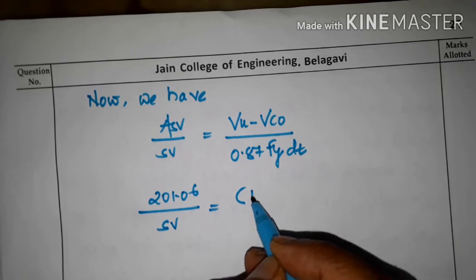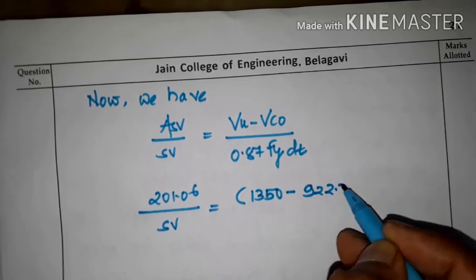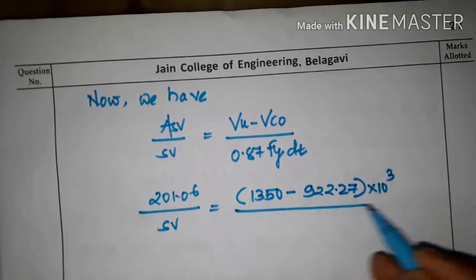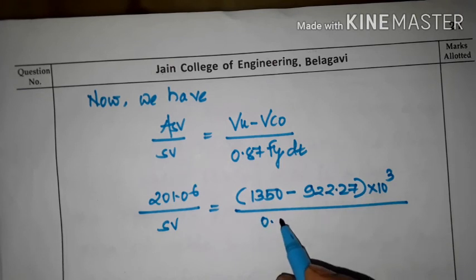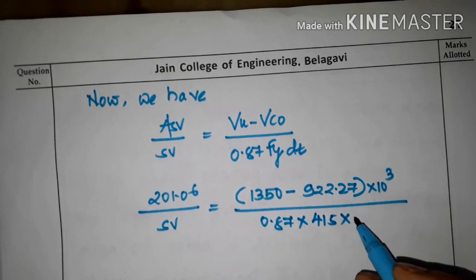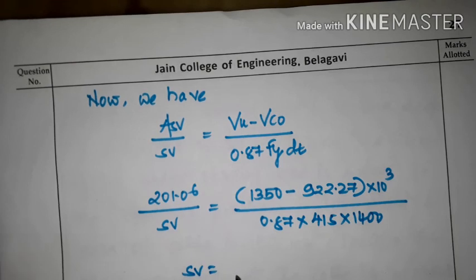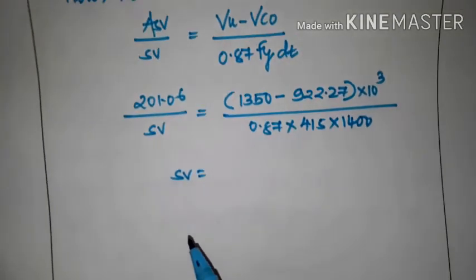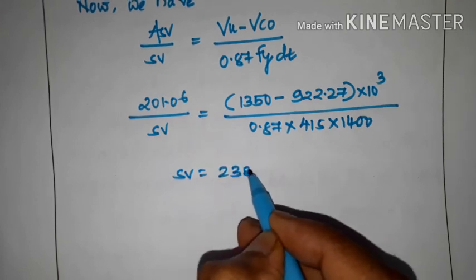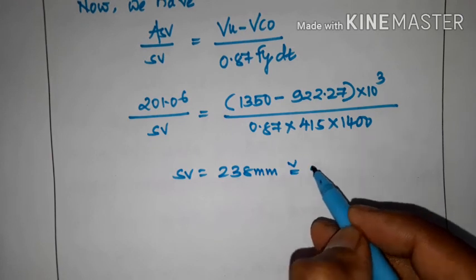So VU is 1350 minus VCO, that is 922.97, into 10 raised to 3 to make it in Newton, divided by 0.87 Fy into dt. So dt is 1400. So we will get SV is equal to 238 mm. So we will round figure to 230 mm.